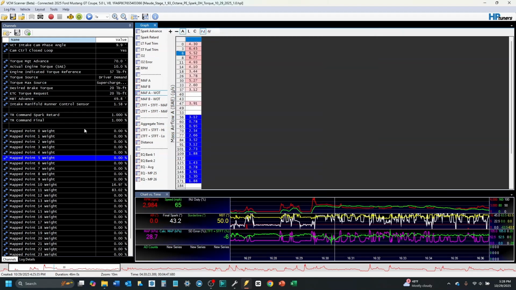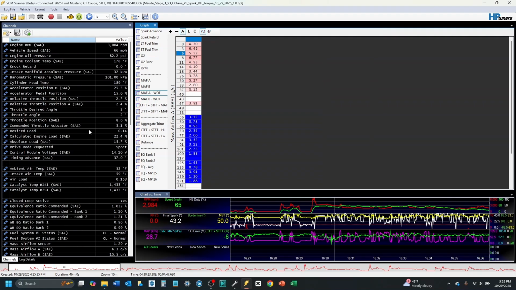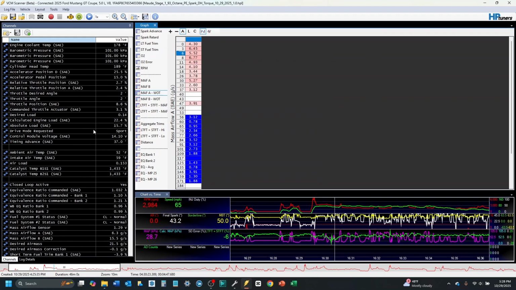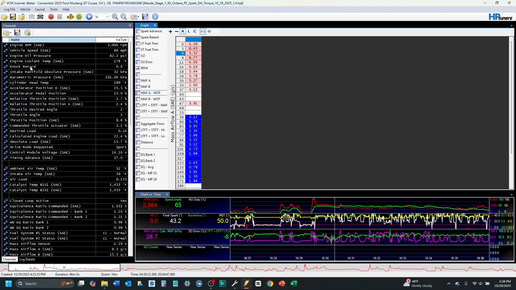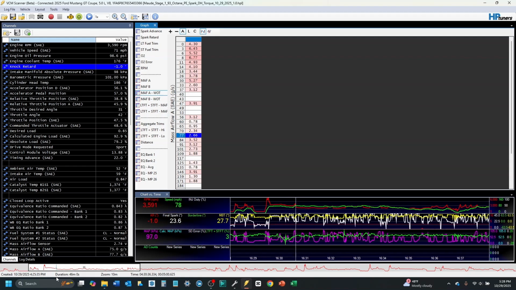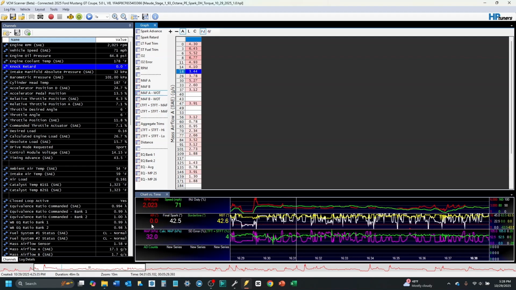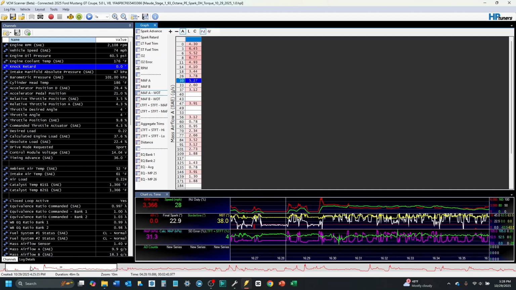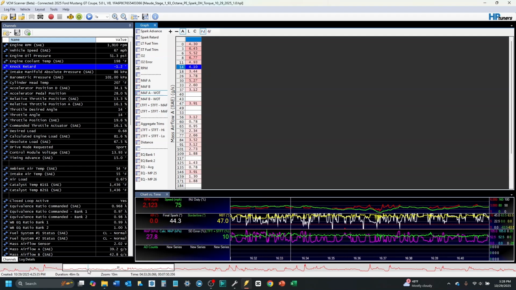So there you go. Now the only other thing we want to look at while we're here, well, 2 things actually. 1, knock retard. Did we at any point get significant KR? And you can see down here I'm mapping this in red, but I'm just kind of eyeballing it.